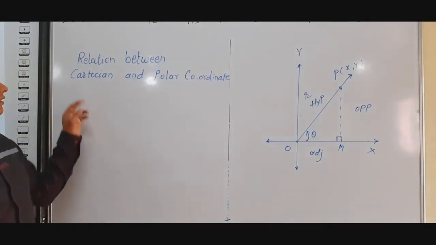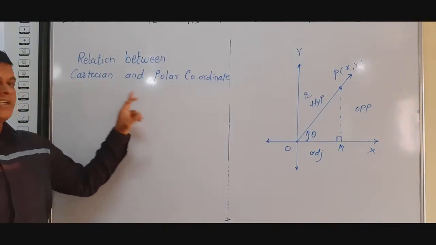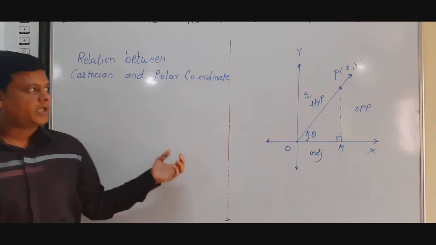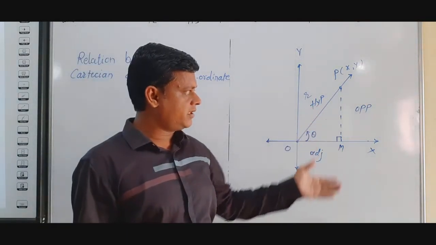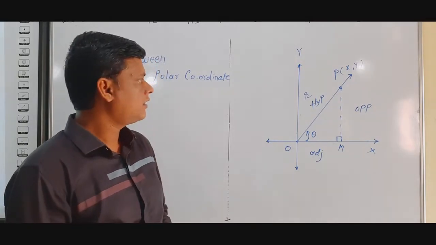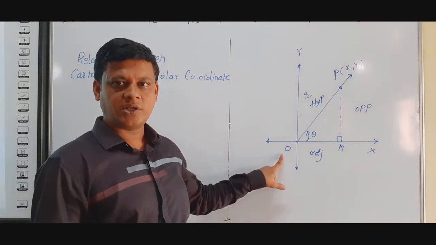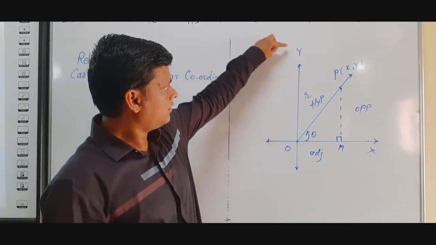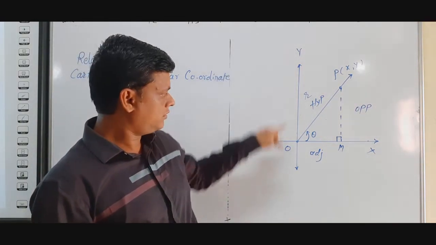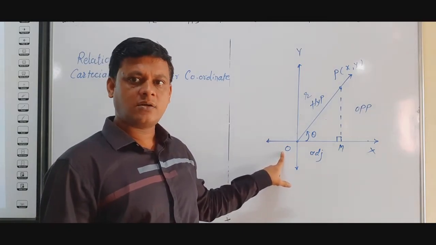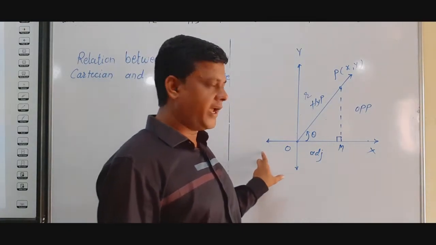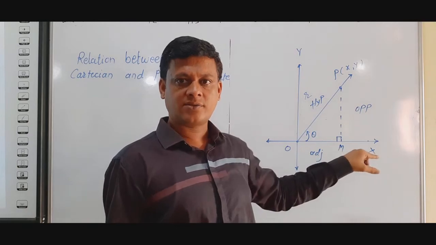Next we see a relation between Cartesian and polar coordinates. For that we make some changes in the previous diagram. Now consider this pole at the origin. A line passing through this origin is the y-axis and the x-axis is along the line OX.